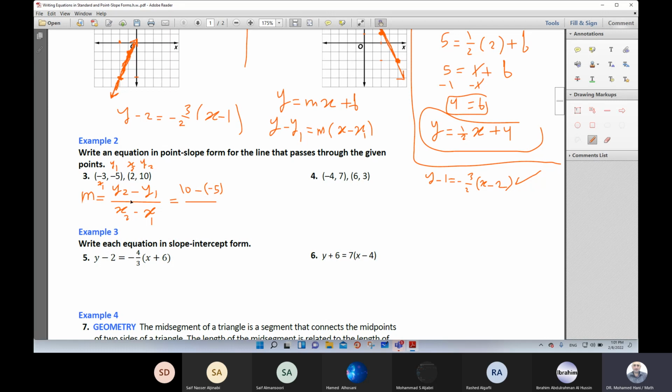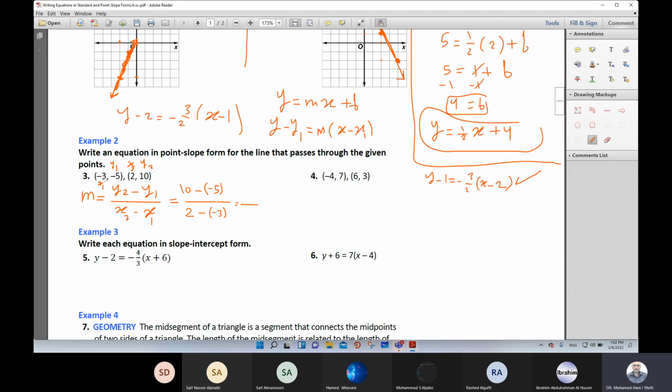Then x2 means 2 minus x1 negative 3. You can start with x1 or x2, no problem. The same answer.